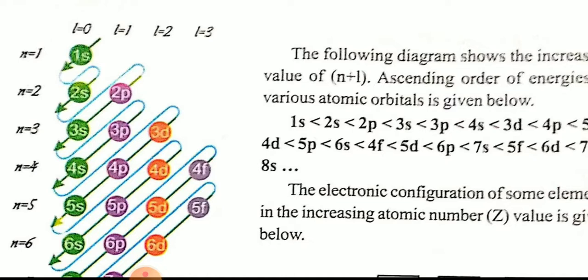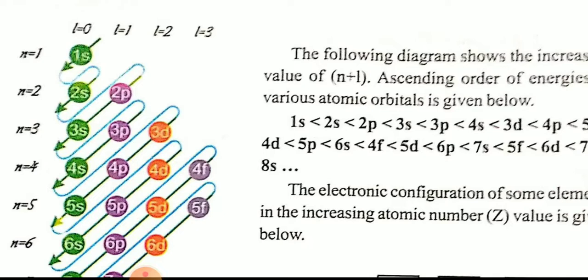For the 2s, that is 2 plus 0, 2. For the 2p, 2 plus 1, that is 3. For the 3s, it is 3 plus 0, 3. So the first electron should enter into the 1s. The second electron also should enter into the 1s only, because each orbital can hold a maximum of 2 electrons.